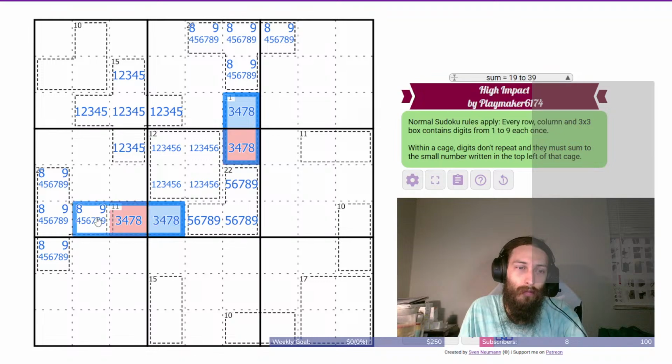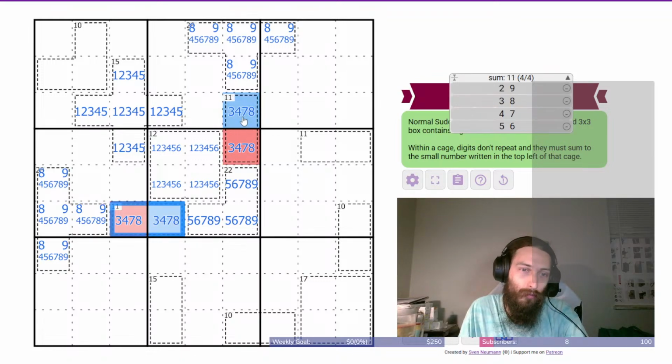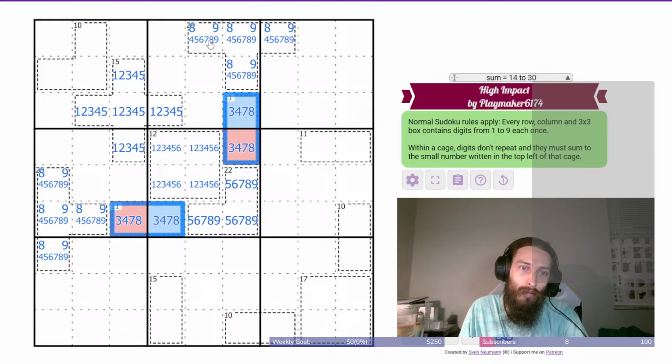Oh! If this was 3, 8, then the 8 that's forced into the 22 would be on the outside of both of them. That puts in here, 8s couldn't be like that. You can't put an 8 in a 15, and you can't put an 8 in a 10.